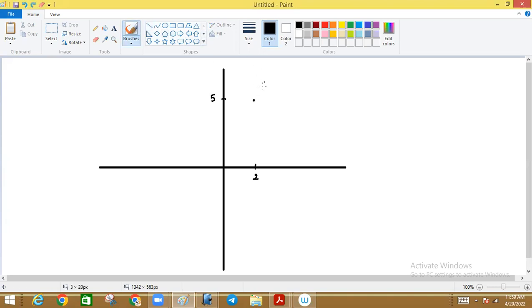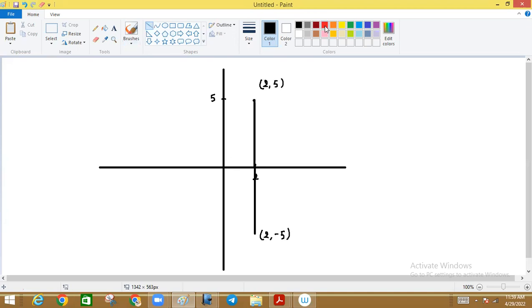What is the reflection of this point with respect to the x-axis? Reflection means the image. With respect to the x-axis, this becomes what? X remains the same. 2 comma what? Negative.